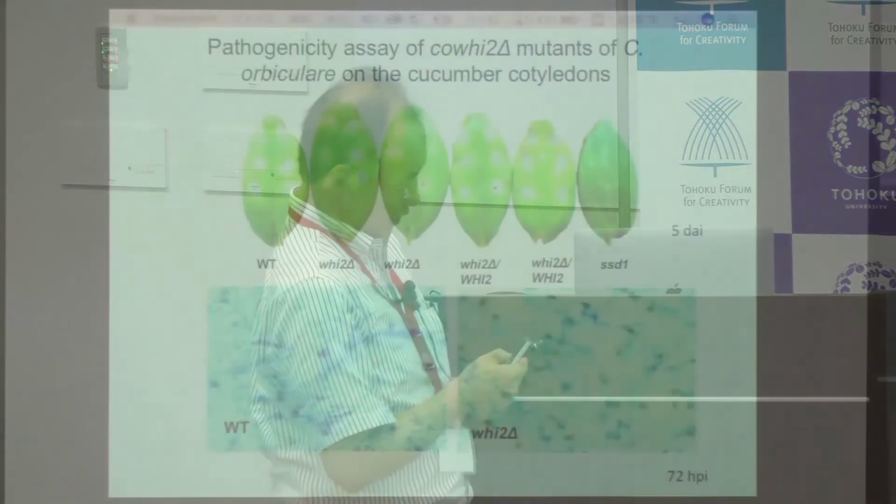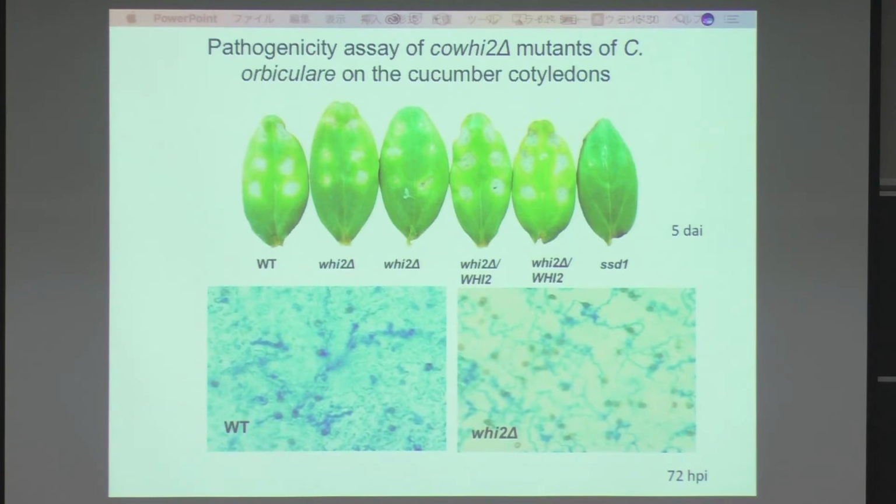We found the V2 homolog of C. orbiculare and generated the gene-disrupting mutant. The gene-disrupting mutant showed weaker lesions when compared to the wild type, and this is the complemented one.